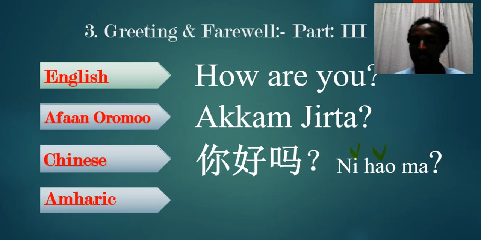A takes precedence over o, and ma doesn't have any tone. So the word ni will be connected with this tone, hao with this one, and ma with this one.